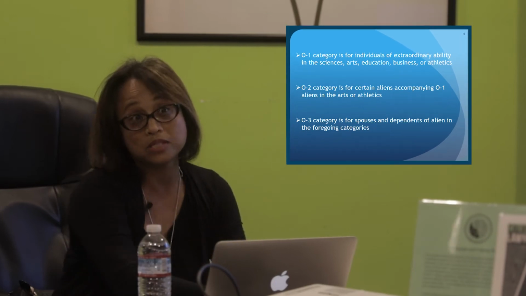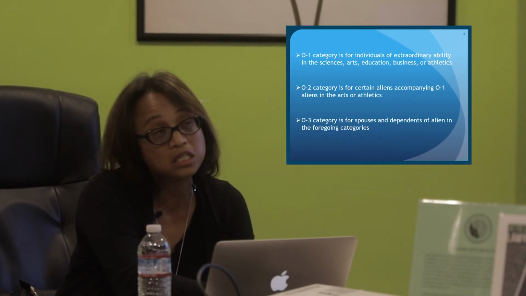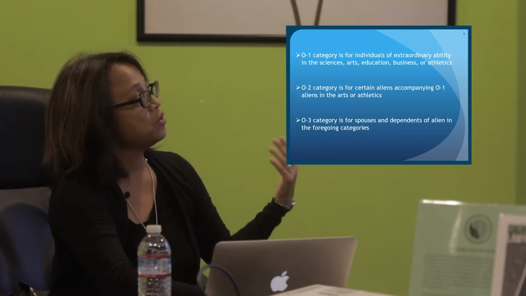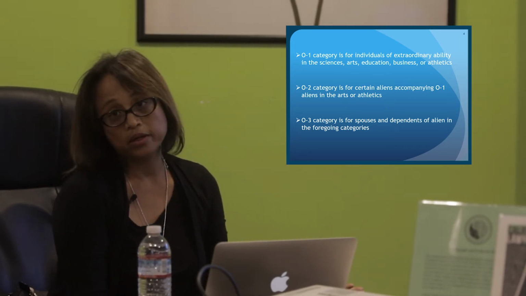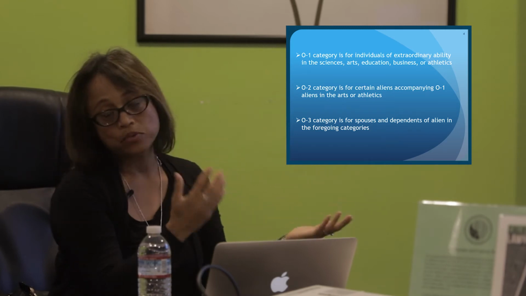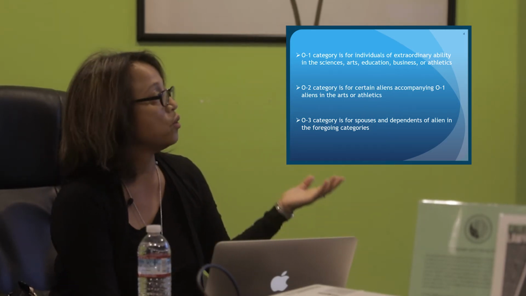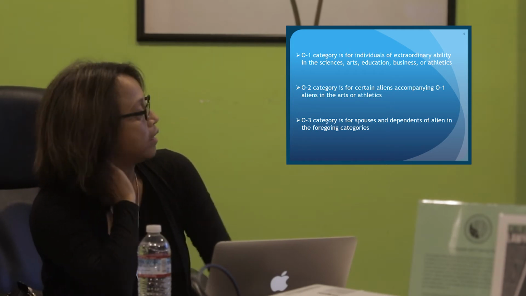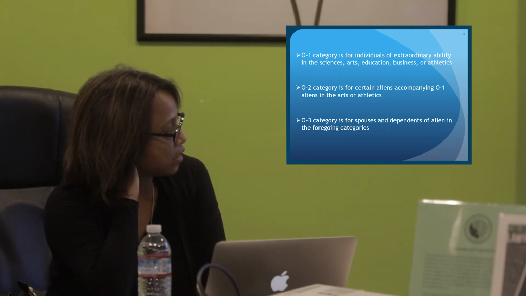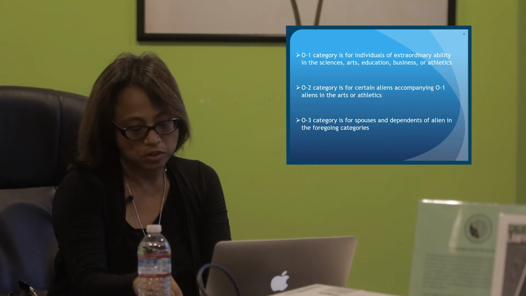To give an example, say you have a music band, and the lead singer qualifies for the O1, but the other band members don't. They would fall under an O2 category. That's how you would get them into the country. And then the O3 is the category for the dependents, spouses and children.